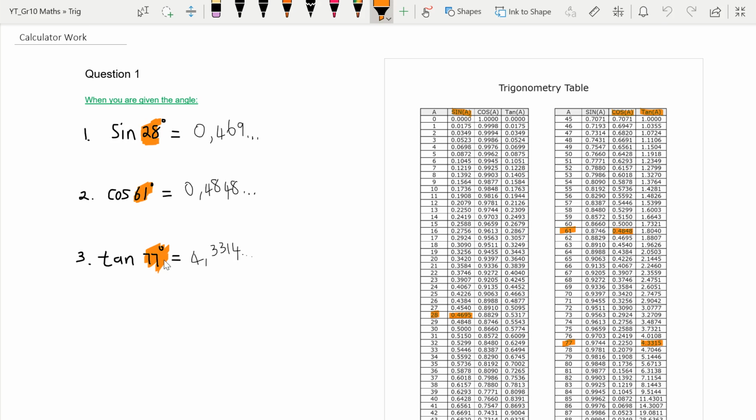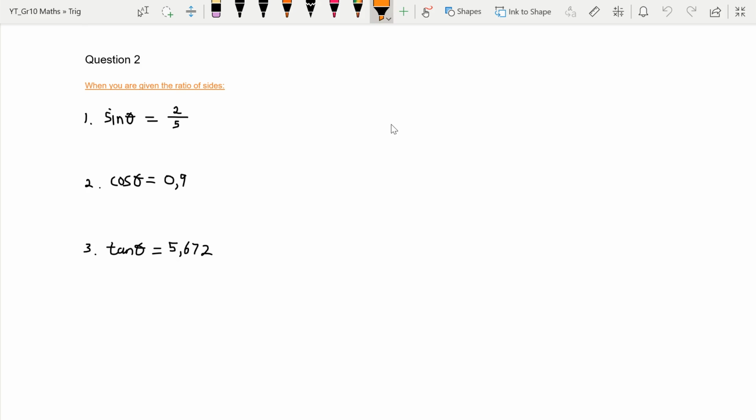and it gives you the ratio of sides. Okay, now with this example, this is different. When we are given the ratio of sides, there it is, and we have to work out the angle, theta in this case. How are we going to use our calculators for this? So when you are not given the angle, if you just put into your calculator, grade 10s, sine and then 2/5, your calculator interprets that as you are giving it the angle, and then it will spit out a ratio of sides.